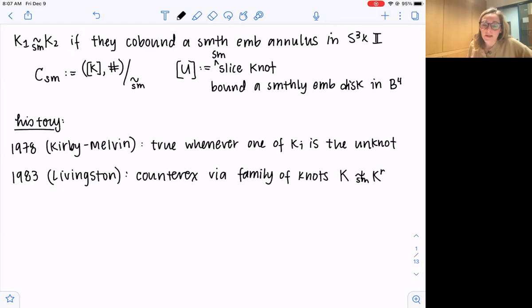As the construction of a zero surgery is independent of orientation, a knot and its reverse will have the same zero surgery, but in this case, these knots were not smoothly concordant.